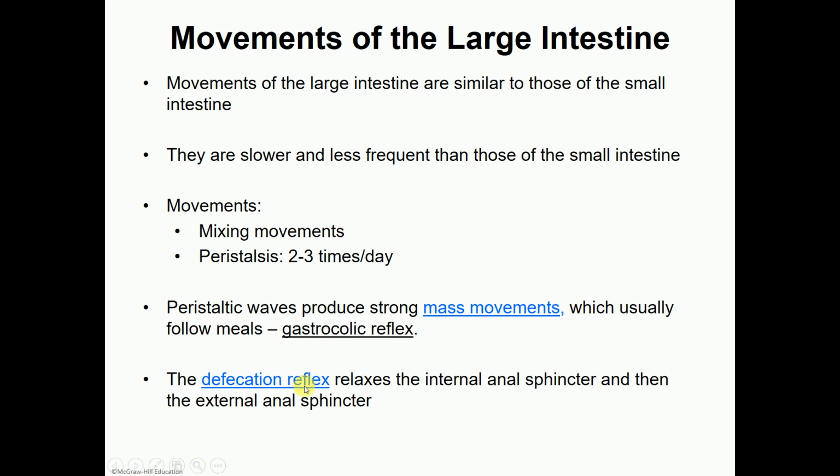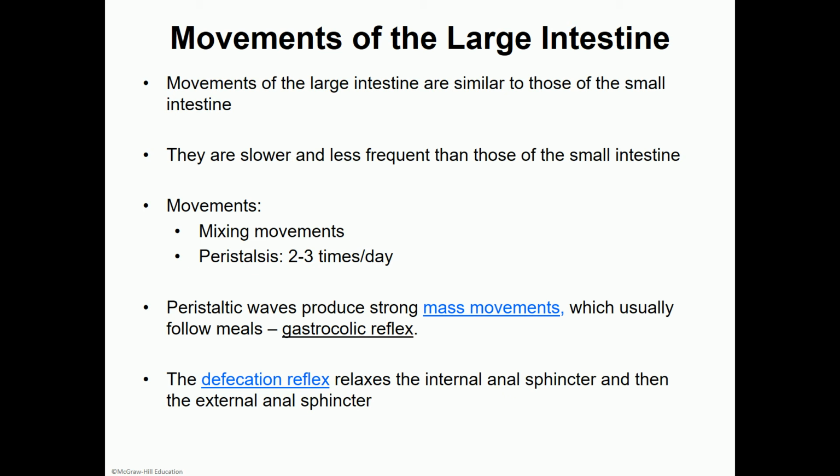The defecation reflex is initiated when the rectum is stretched with the feces. That leads to the contraction of the smooth muscles in the rectum and the relaxation of the internal anal sphincter. Remember, the internal anal sphincter is a smooth muscle that we have no control over.